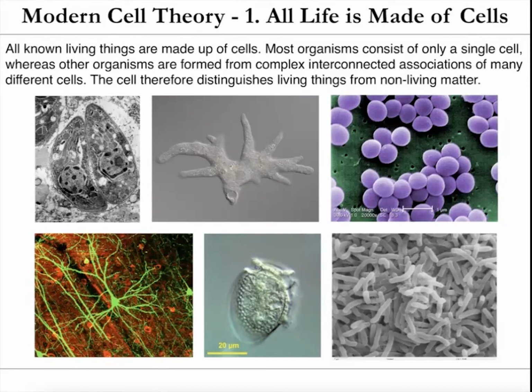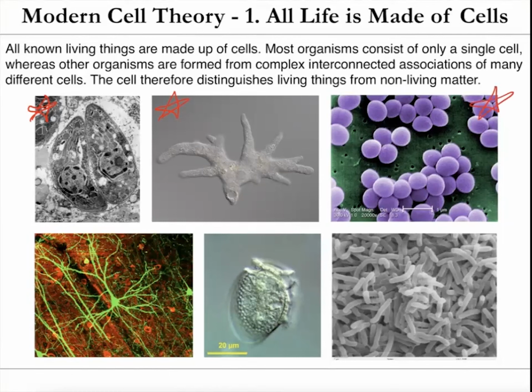The cell distinguishes living things from non-living matter. Does it have these properties within the modern cell theory? Is it made out of a cell? If it is, then it's alive. If it's not, then it isn't alive. We have some examples of a bunch of different cells here. Here's a single-celled eukaryote, Toxoplasma gondii. Here's an amoeba, which is also a single-celled eukaryote. Here's a type of bacteria.